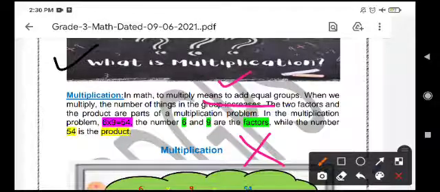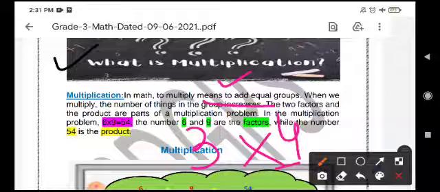Here we learn that multiplication means to add equal groups. Yes, dear students, it means when you are going to multiply 3 and 4, that means this is 4 three times: 1, 2, 3. In this way, you can show this question in the form of addition. So to simplify it, we have multiplication.